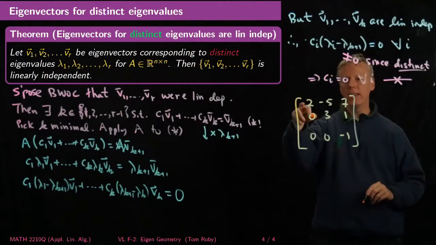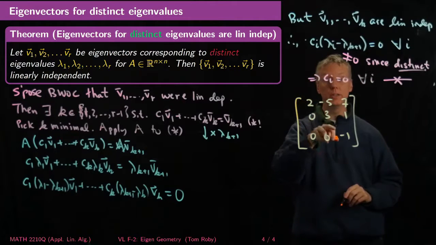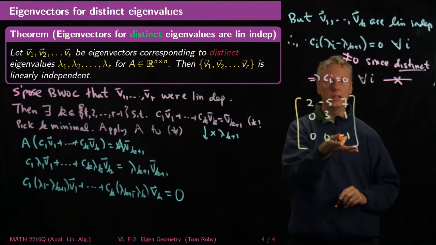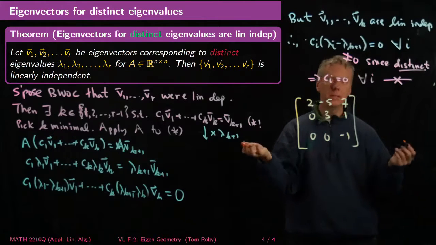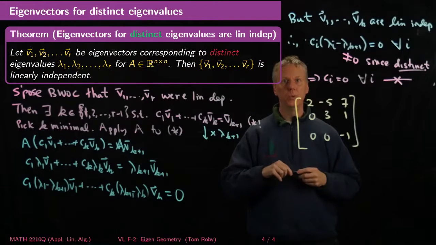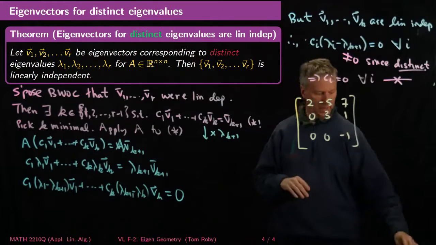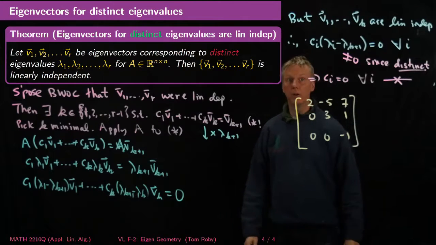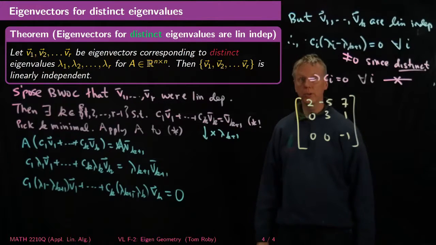So that means that the eigenvectors corresponding to 2 and to 3 and to negative 1 are all linearly independent. So I have 3 linearly independent eigenvectors. That means they have to form a basis for R3. So we really like it when that happens. And it doesn't happen all the time, but it does happen in some special situations, which we'll be studying up until the end of the course.